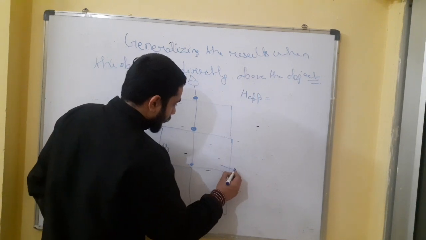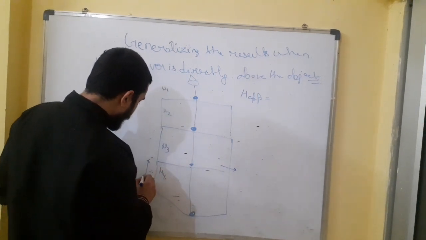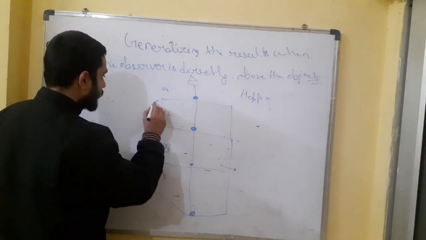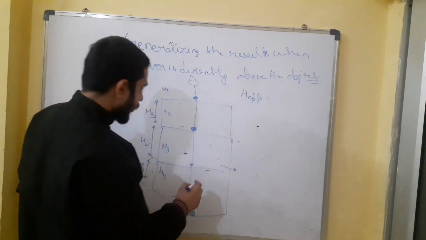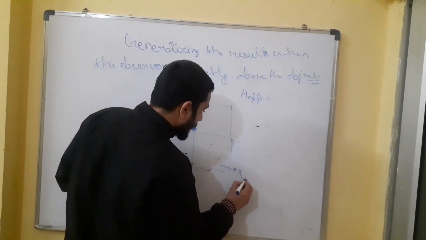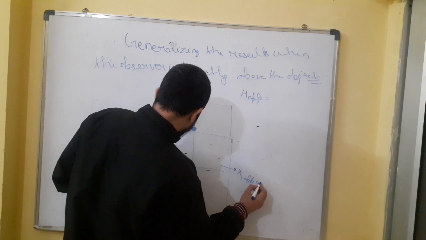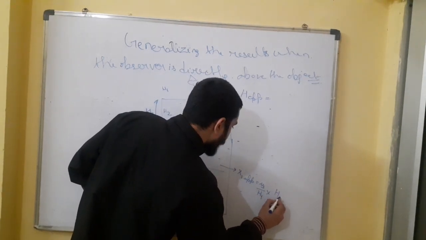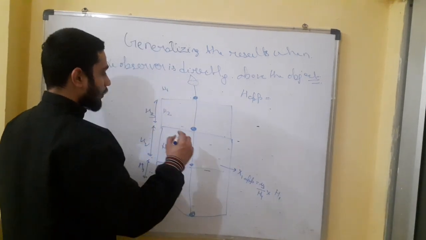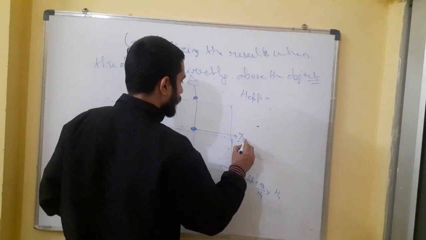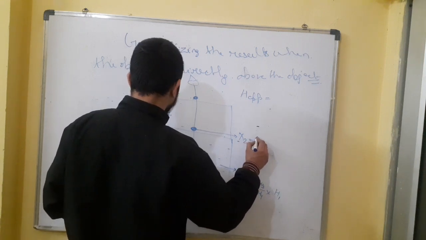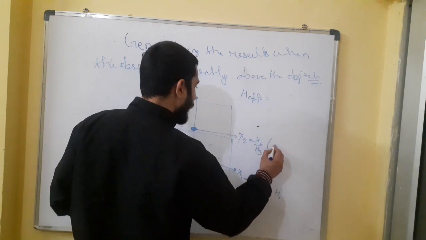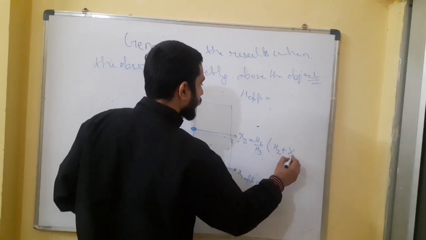Suppose that this is distance h1, this is distance h2, and this is distance h3. So what will be the x1 apparent? It will be mu3 by mu4 into h1. What will be x2? It will be mu2 by mu3 into (h2 plus x1).